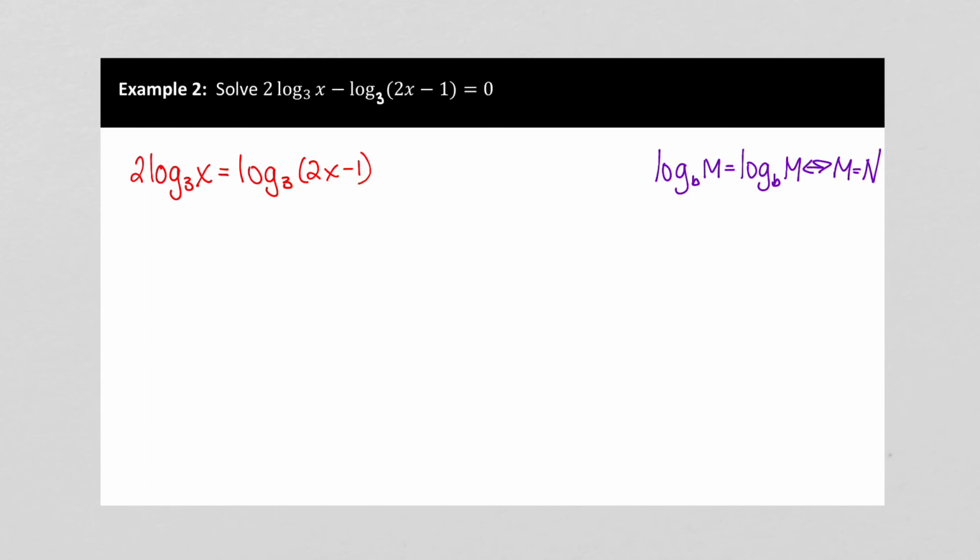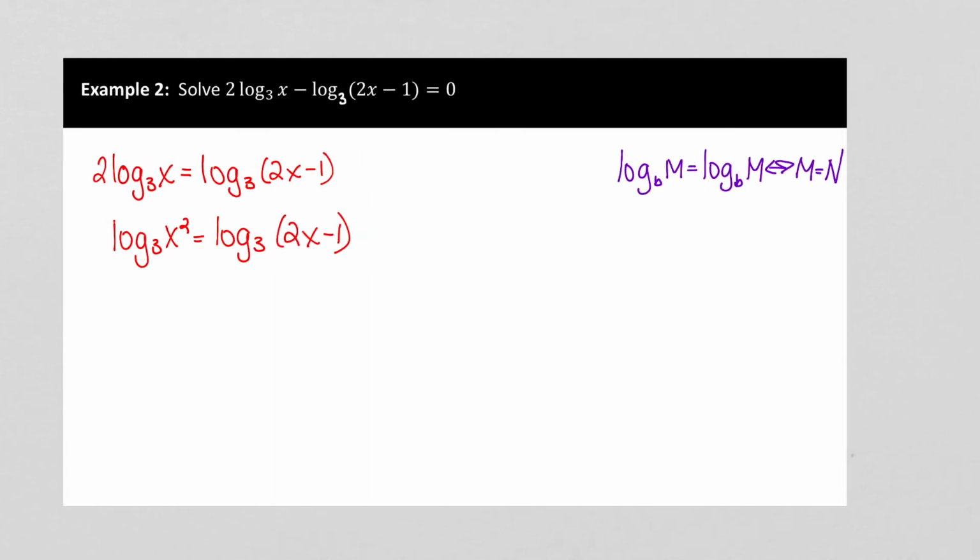Now you can see how we've got log base 3 on both sides. But before we can do anything, we need to put that 2 on the exponent, because otherwise we've just got a 2 hanging there, and that's not okay. So log base 3 of x squared equals log base 3 of 2x minus 1.